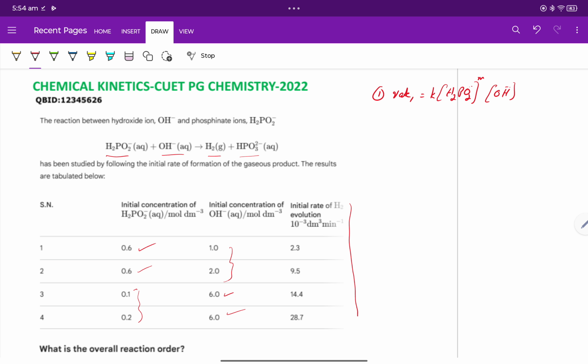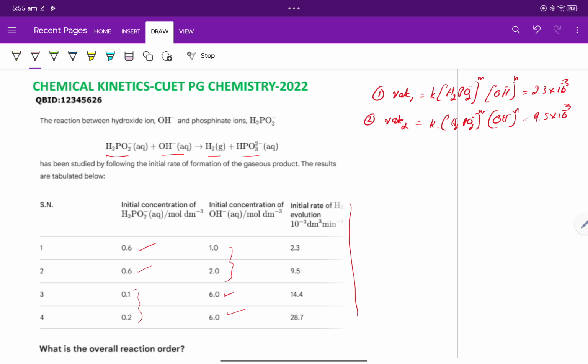Let the order with respect to OH minus be n, so that this is equal to 2.3 into 10 to the power of minus 3 dm3 per minute. Now for the second one, similarly rate 2 will be equal to again K into concentration of H2PO2 minus to the power of m and OH minus to the power of n, and the rate has been increased to 9.5 into 10 to the power of minus 3.